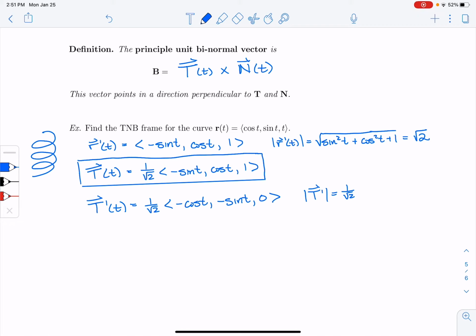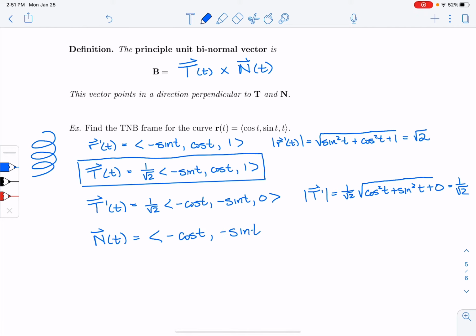And then that multiplies the square root of cosine squared t plus sine squared t plus 0. And so that length is 1 over square root of 2. So I'm going to divide T prime of t by that length. That's going to tell me that N of t, the unit normal vector, is actually negative cosine t, negative sine t, and 0. So that's my second vector in the TNB frame.